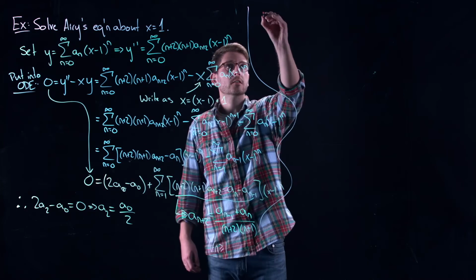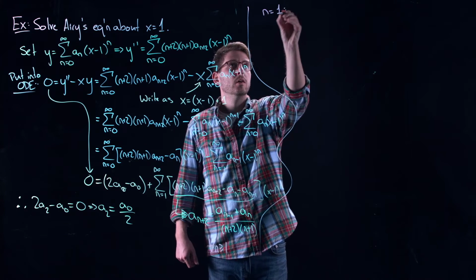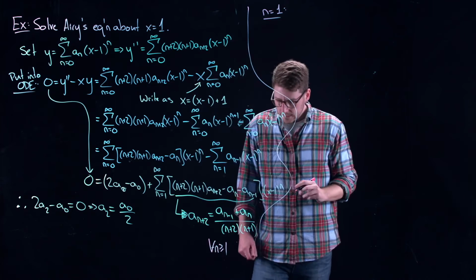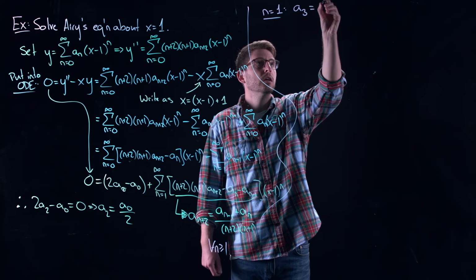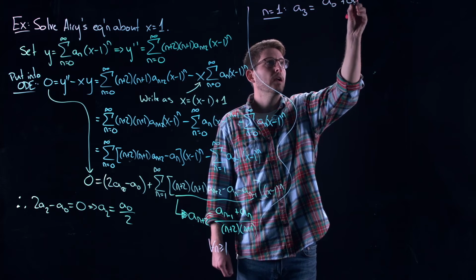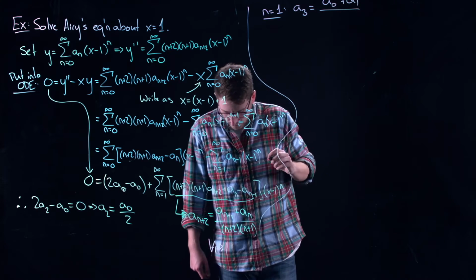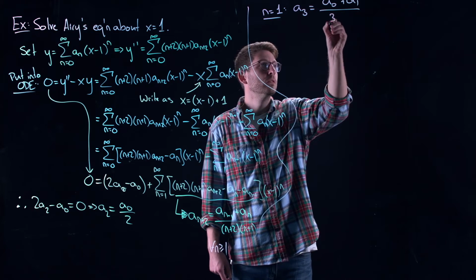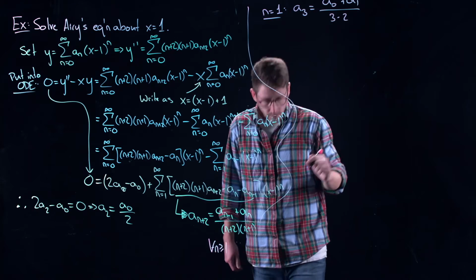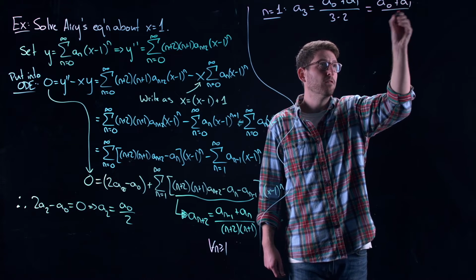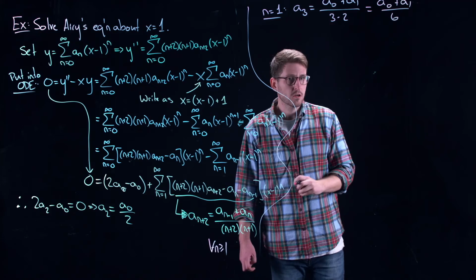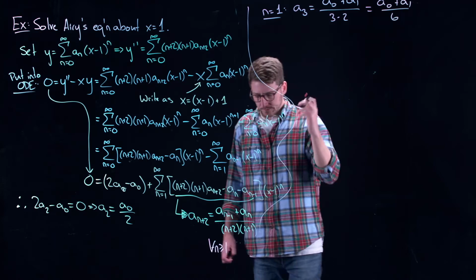Okay, this is, in this case, for all n greater than or equal to 1. So let's start counting them up. n equal to 1: in this case, I get a3 equal to a0 plus a1, divided by 3 times 2. And unfortunately, I'm not going to find a pattern. I'm going to warn you right now, as I did before. So I might as well just go ahead and multiply those two things out.